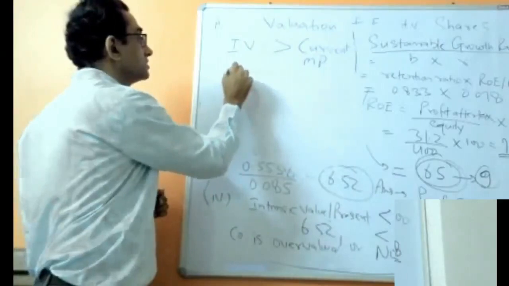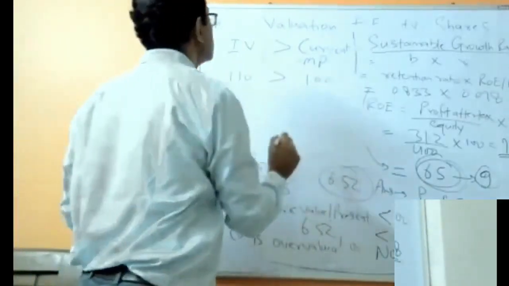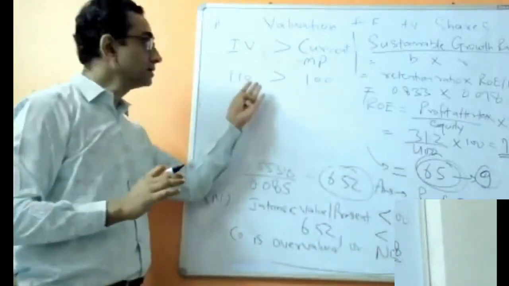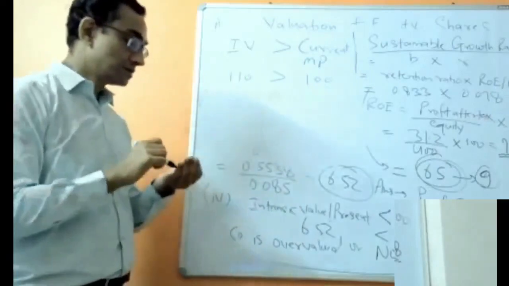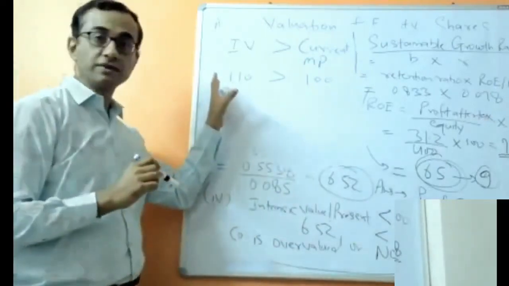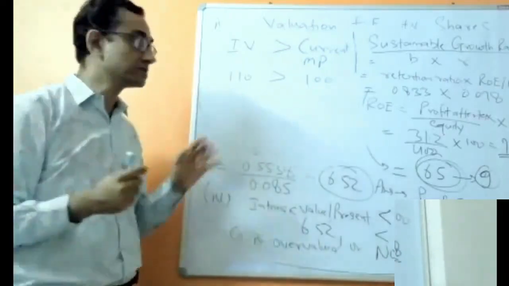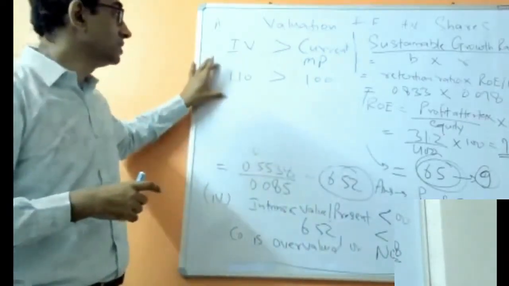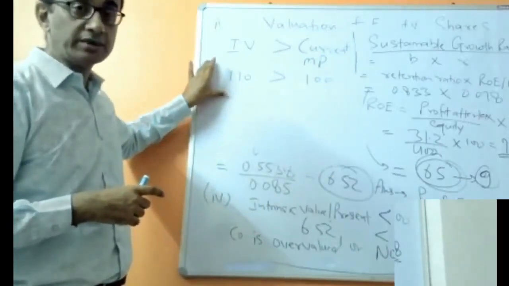Say intrinsic value is 110 and the current market price per share is 100. In this situation, what is the basic concept of intrinsic value? The basic concept of intrinsic value is that it is the present value of future cash flows, or the maximum value which the investor is willing to pay at present.